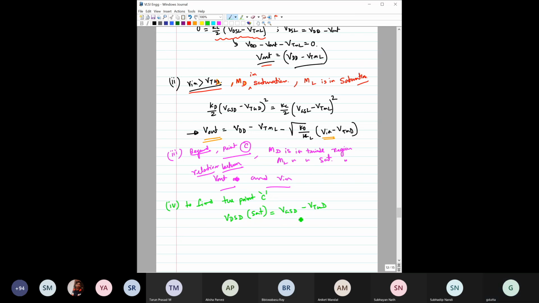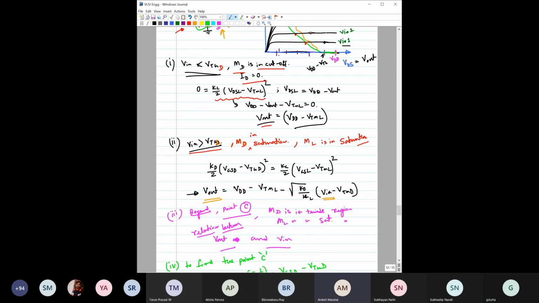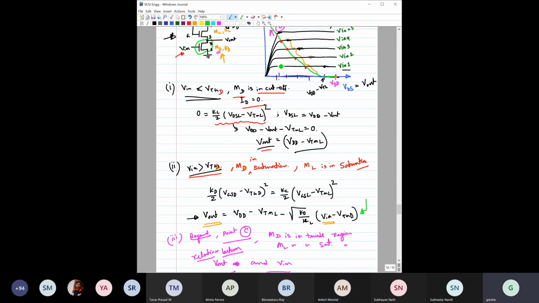Isn't it? Okay. So you know the condition, but after that, in which equation will you put it? The V out equal to VDD minus VTNL equation. Yes, sir. Why? Because at the transition point, it would follow the right equation, because this is at the edge.